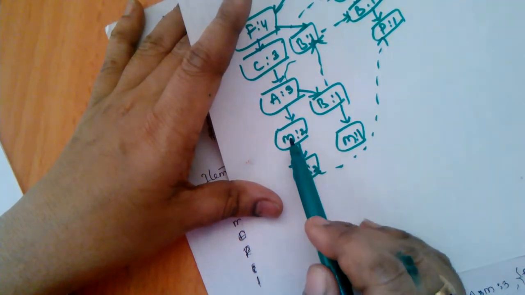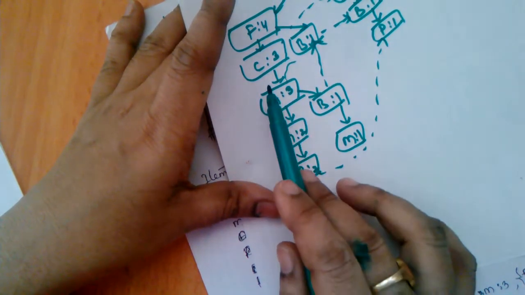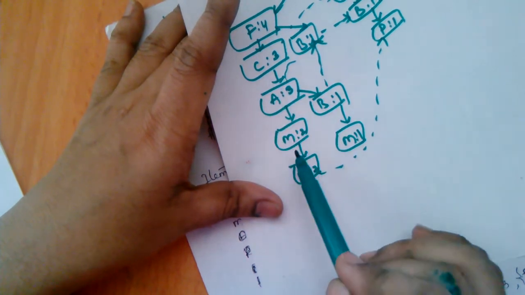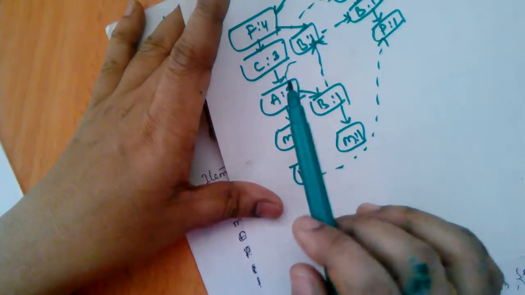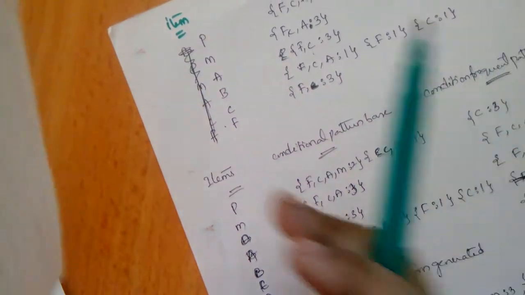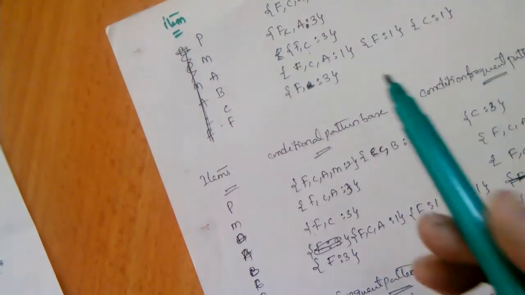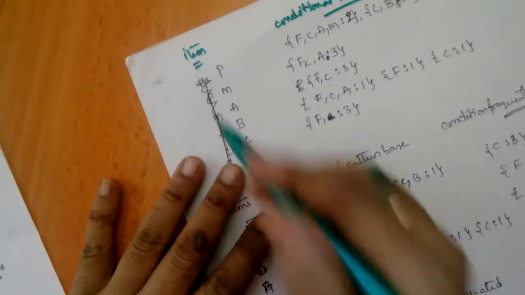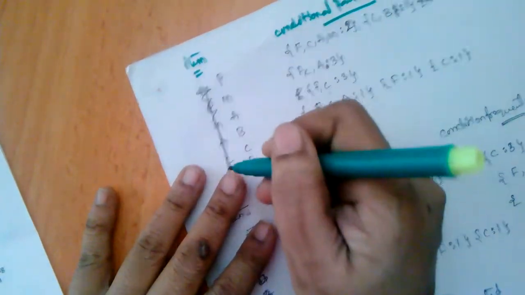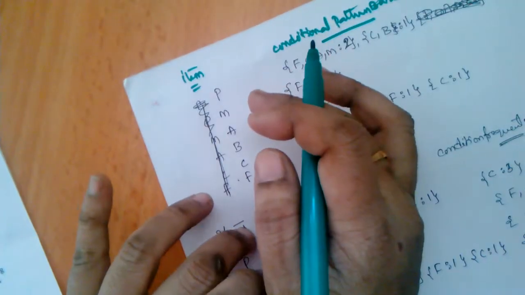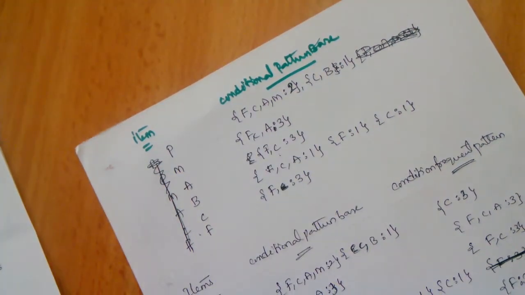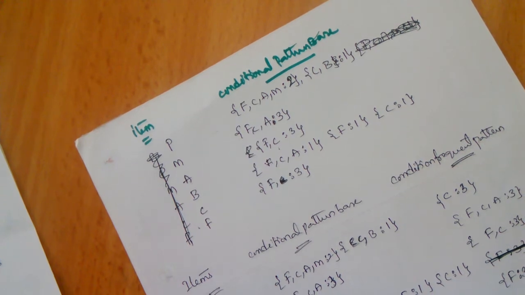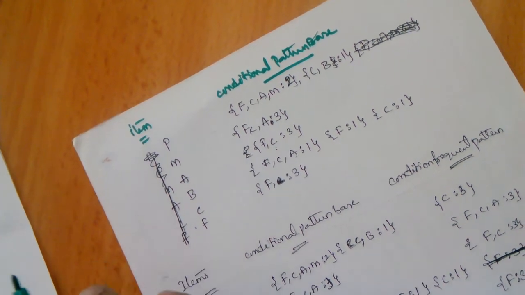P, M, A, C, sorry, P, M, A, B, C, F. Okay, like this we have to arrange, in the increasing order, from least to high. Okay, next what do we have for P? How many traversals do we have? You check this one.